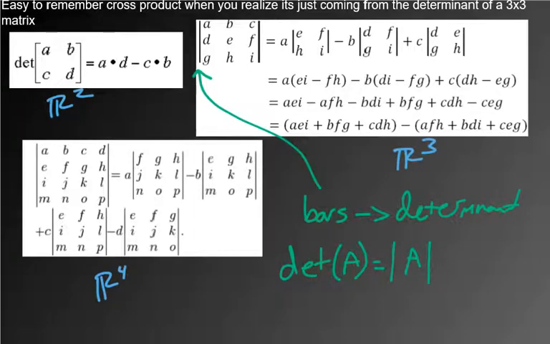We're going to start with this first thing, and I always think about it as blocking that off. Then what's left over here is going to make my first 2 by 2 determinant, my dimension down.